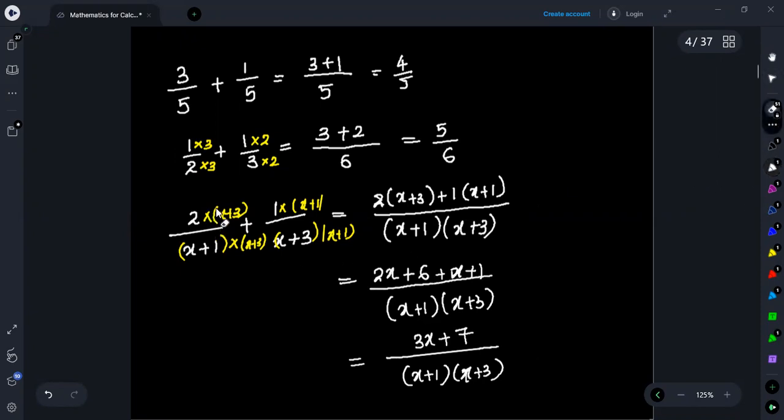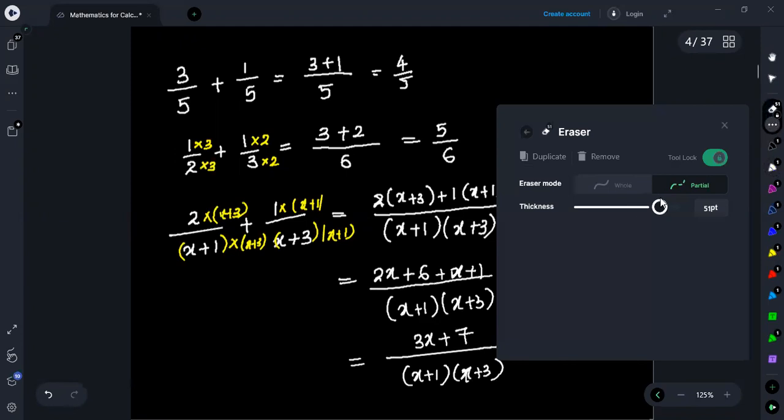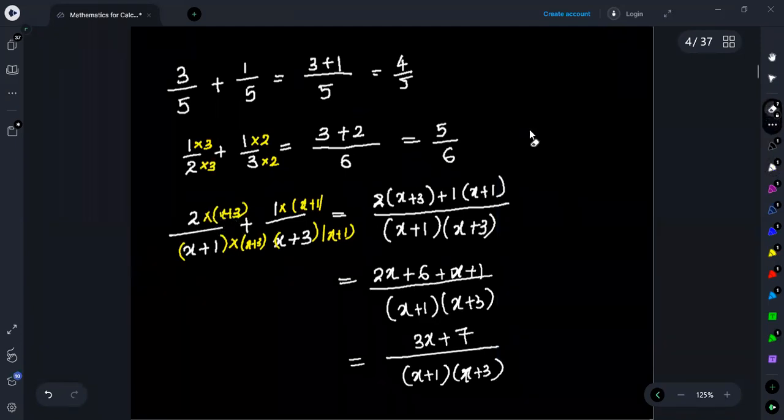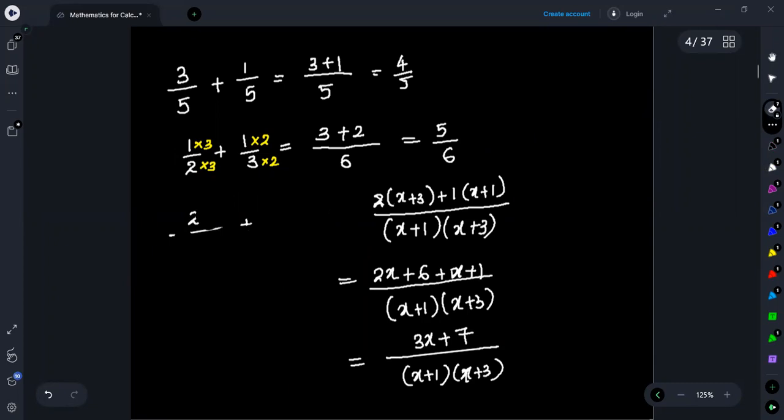If we start from this one, let me erase these things and rewrite. We are starting from 2 over x plus 1 plus 1 over x plus 3.